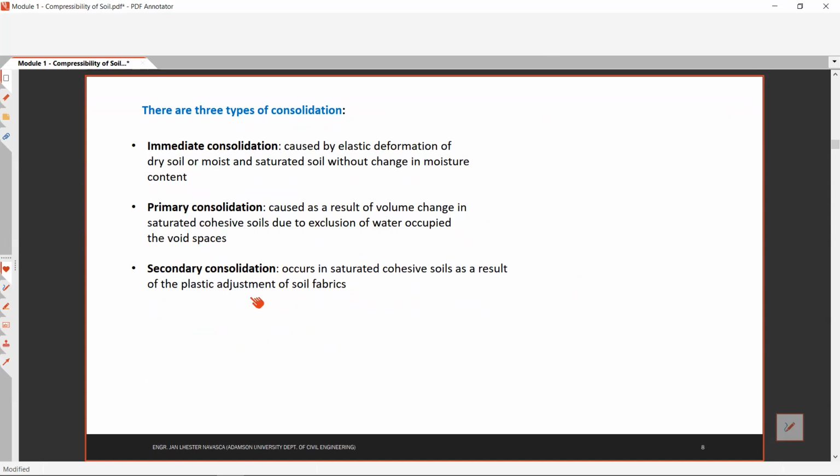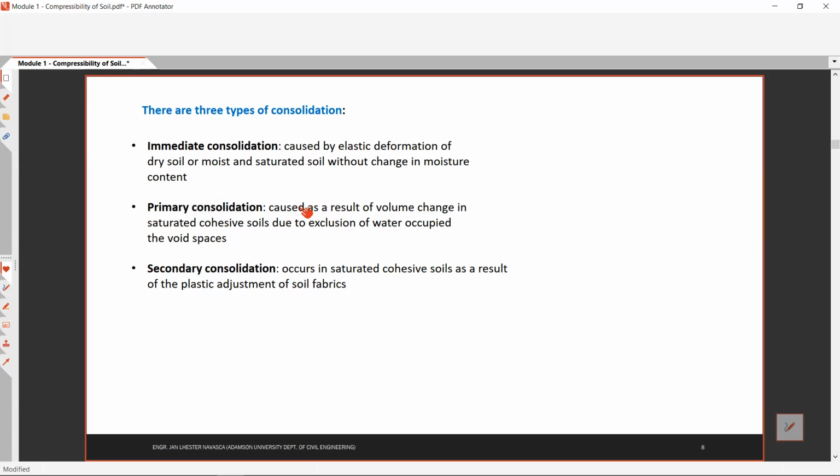So elastic deformation. So pwede siyang mag-swell up pa. However, the primary consolidation is caused by the result of volume change in saturated cohesive soils and due to the exclusion of water occupied in the void spaces.